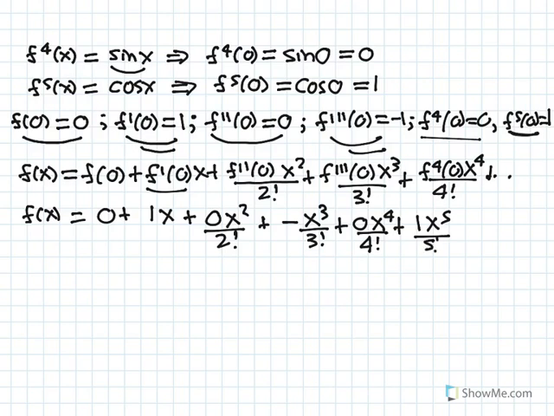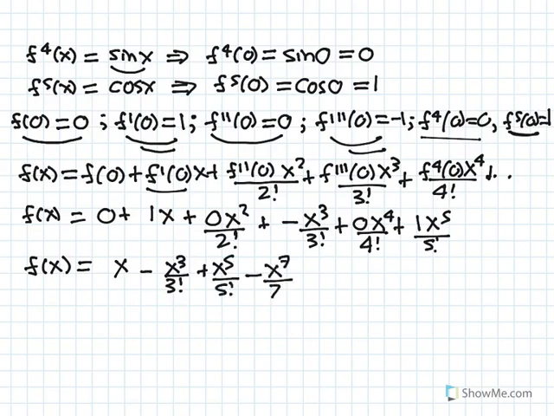So let's simplify this. All the even powers of x are zeros, so they collapse. So we get x, only the odd powers of x remain. And that's intuitively clear because sine x is an odd function. So we get x minus x cubed divided by 3 factorial plus x to the 5 divided by 5 factorial and minus x to the 7.